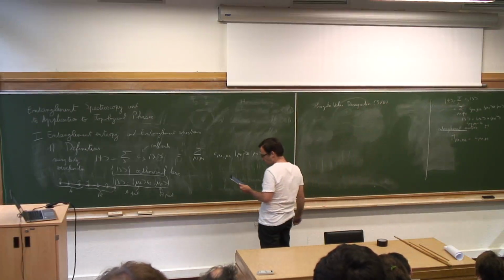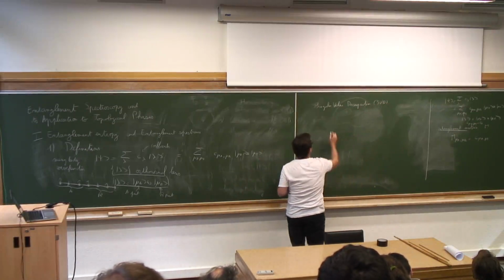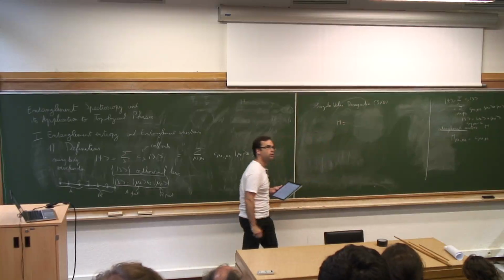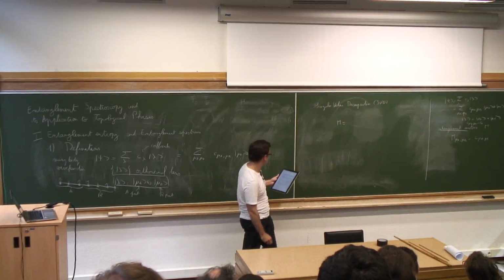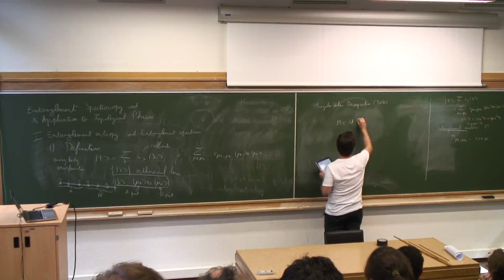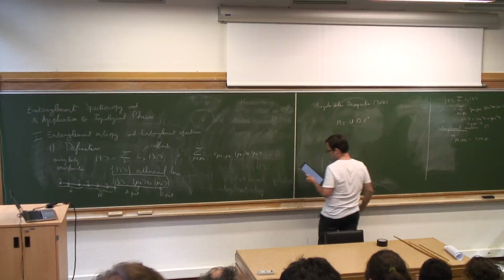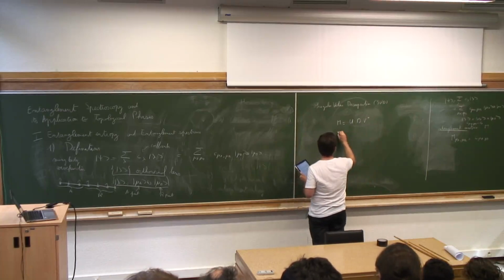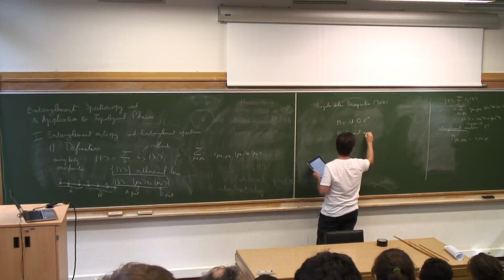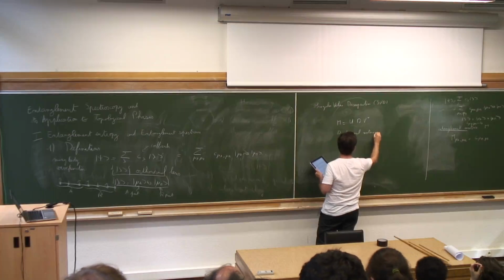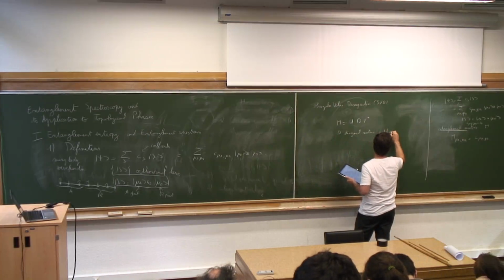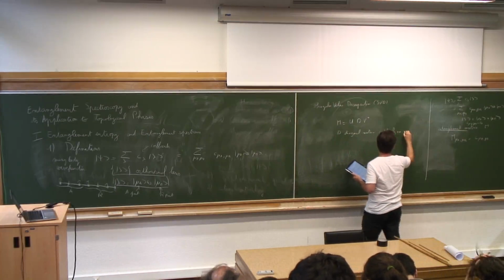So the SVD allows you to write any matrix, it doesn't have to be a square matrix, it can be a rectangular matrix, as a product of matrices U, D, and V dagger, where D is a diagonal matrix with only non-negative entries.